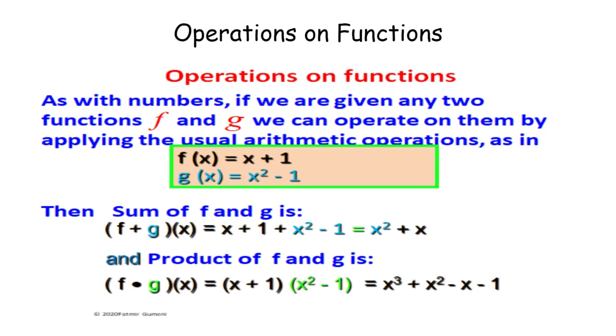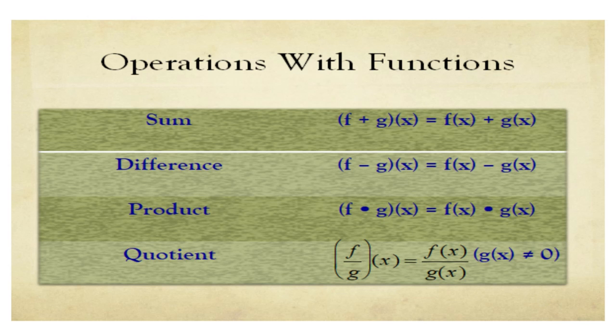Apply distributive property, that is, multiply each term of the first parenthesis by each term of the second parenthesis and obtain x cubed plus x squared minus x minus 1. As you see, by applying the usual arithmetic operation, we obtain the new functions f plus g of x and f multiply g of x.